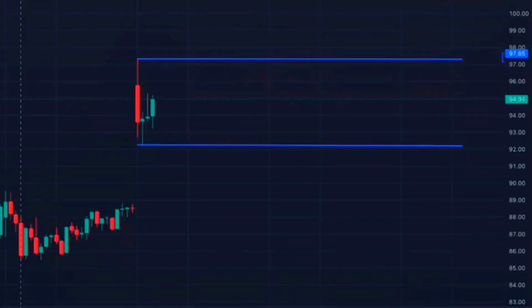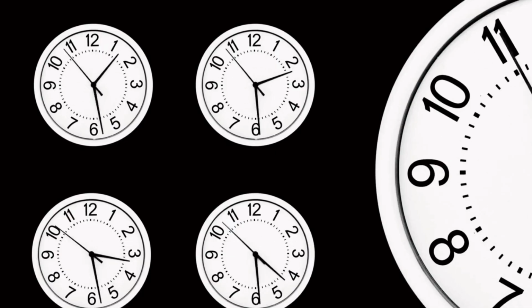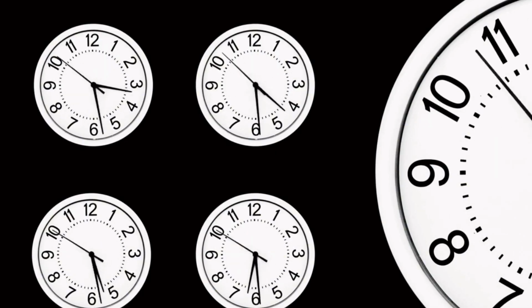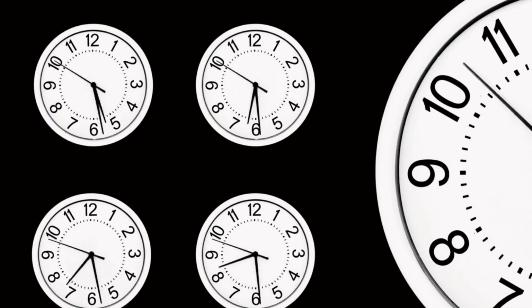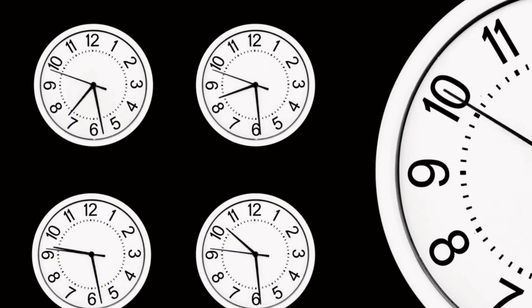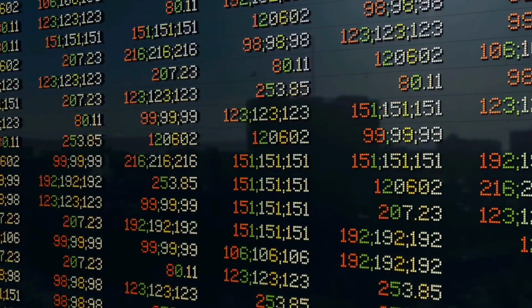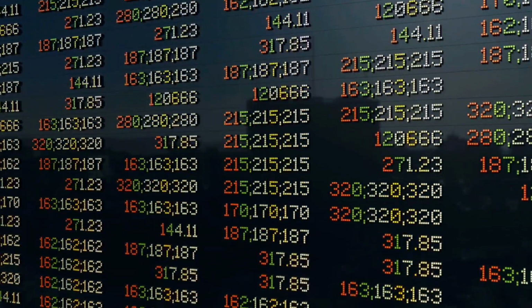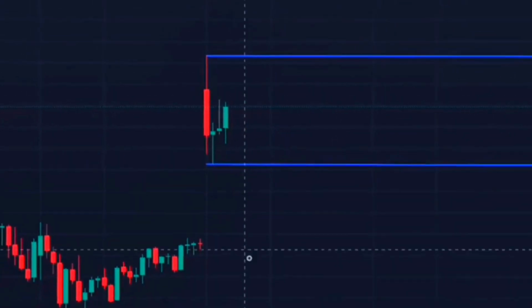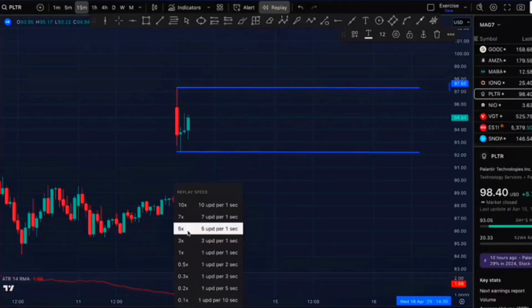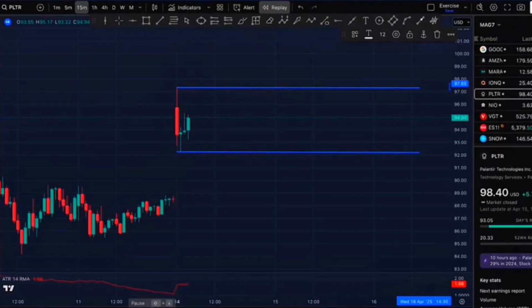So we will have 4 candles. 4 times 15 is gonna give us 1 hour. So we have 4 candles here. Okay? So now we have to wait for the next candle to print at 10:30, right? So let's play this here to see.